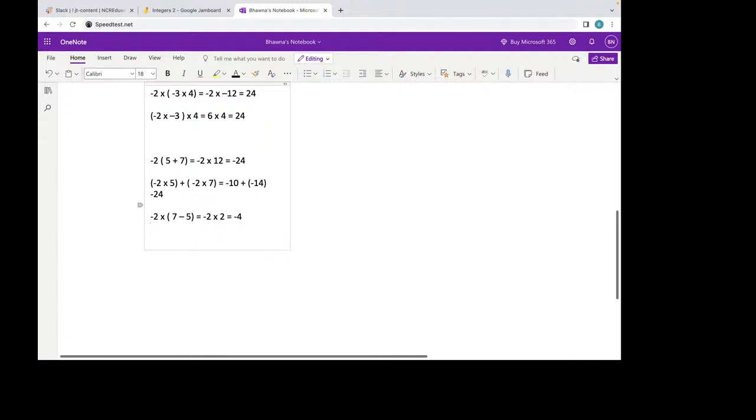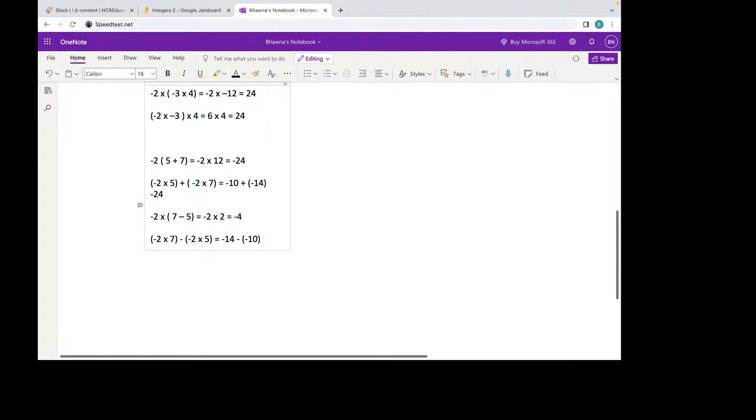Now let's do it that way. Minus 2 multiply 7 minus minus 2 multiply 5. Here I know that minus 2 multiply 7 is minus 14, isn't it? And here I have minus 10.